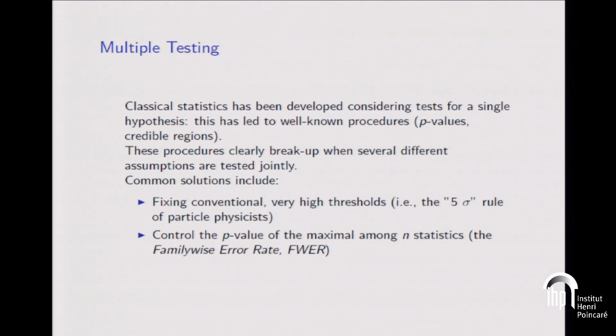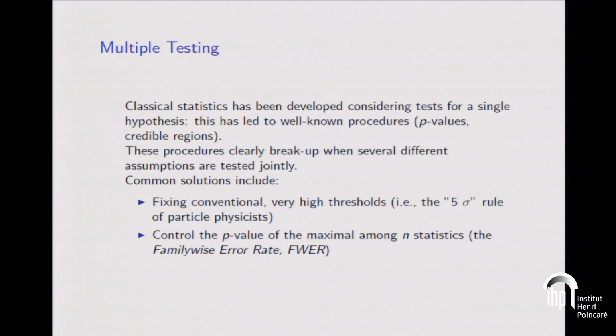So there are a number of solutions that you can think of. For instance, particle physicists have a convention such that you really accept that something is significant when it's above 5 sigma, which makes a p-value extremely small. This is in some sense similar to what in the statistical literature one would call a family-wise error rate, FWER.